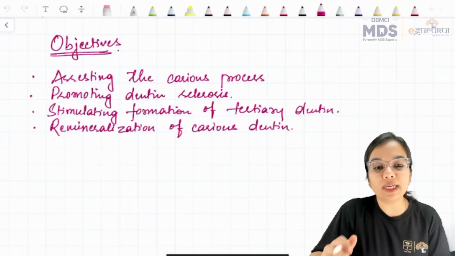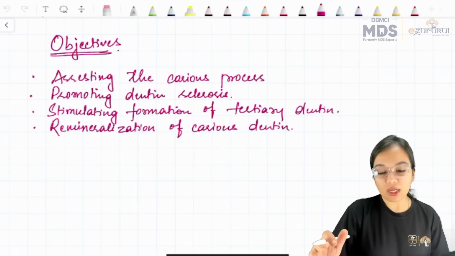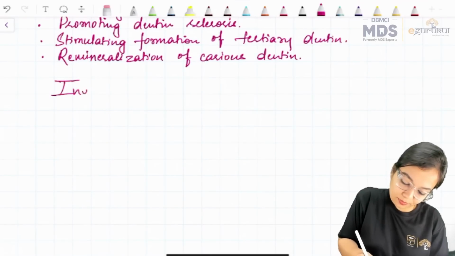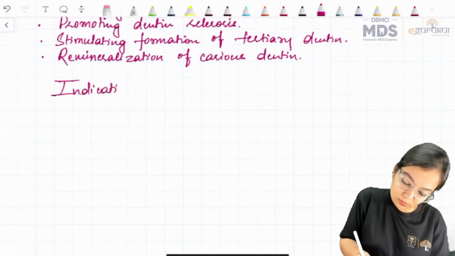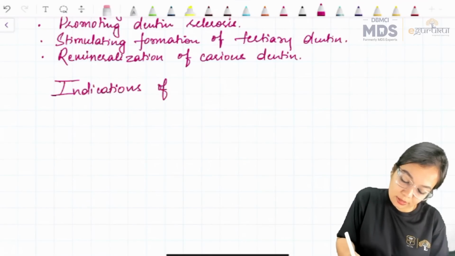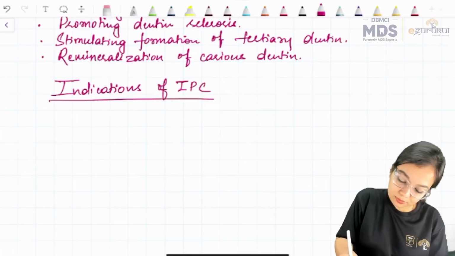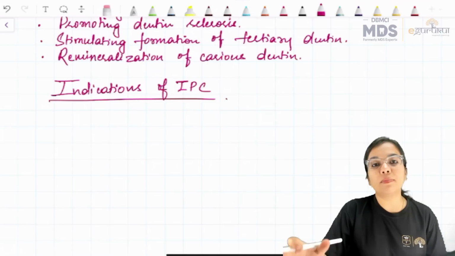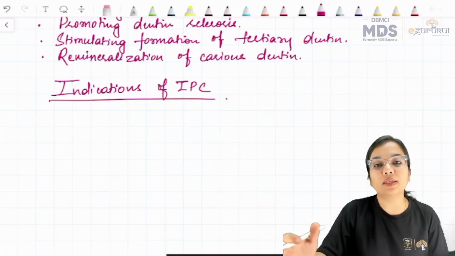Now what are the indications of indirect pulp capping? When we look at the history, there is mild discomfort from chemical and thermal stimuli.